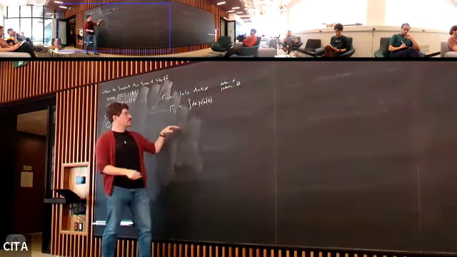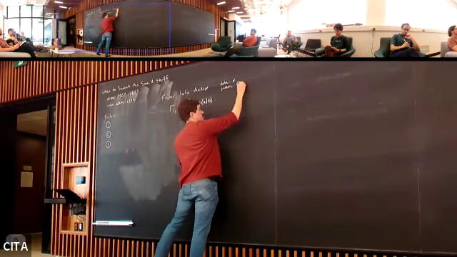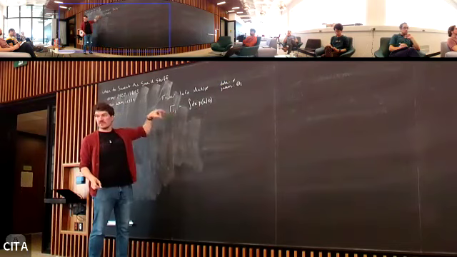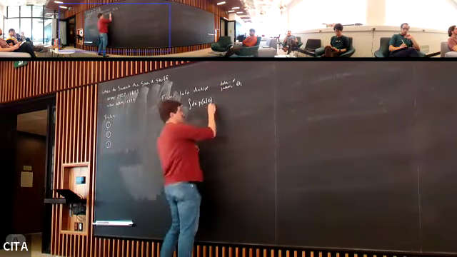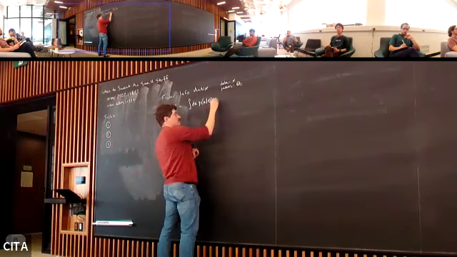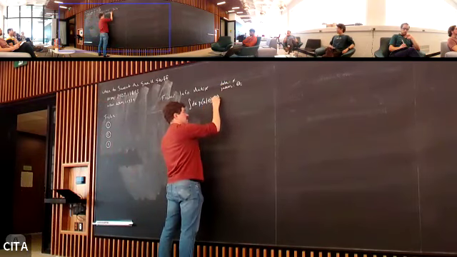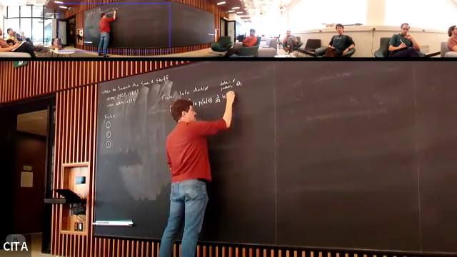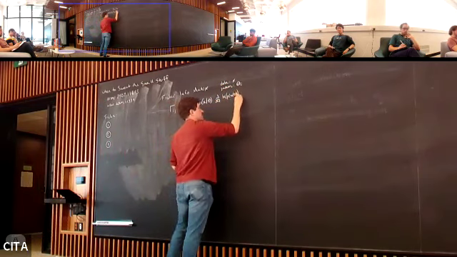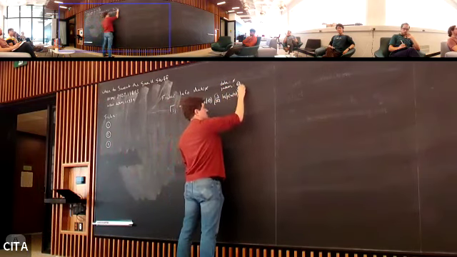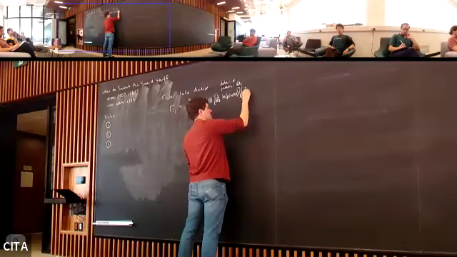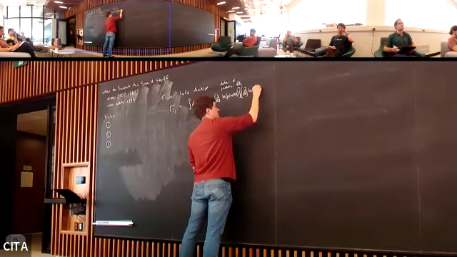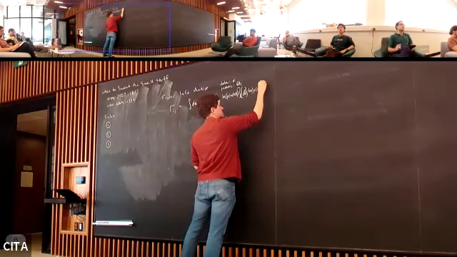And this is a vector, and the indices that I'm writing here are the indices of this vector. So this thing is defined as an integral over data space of d by d theta i log p of x given theta, times d by d theta j log p of x given theta.